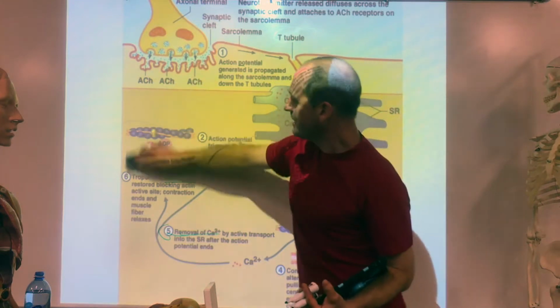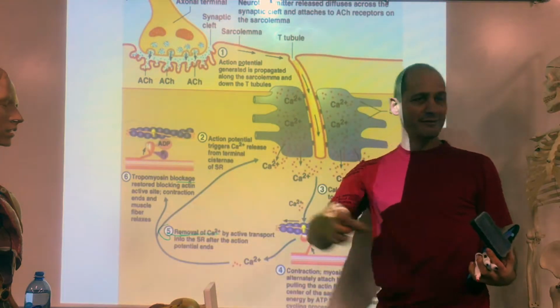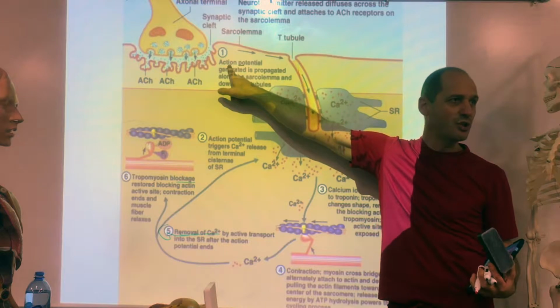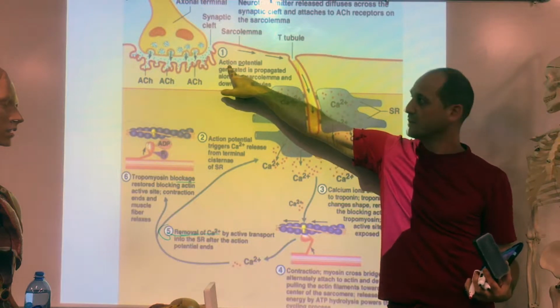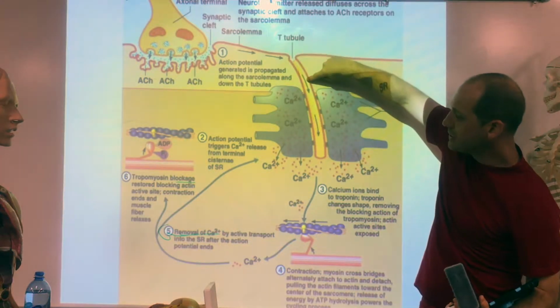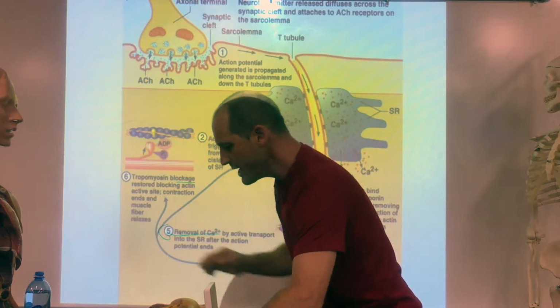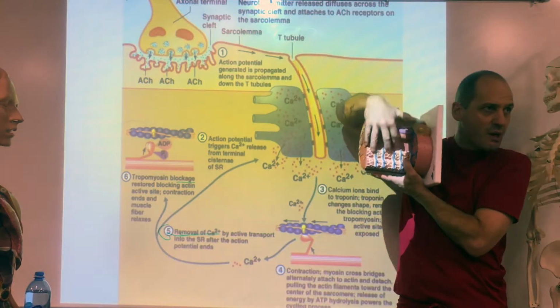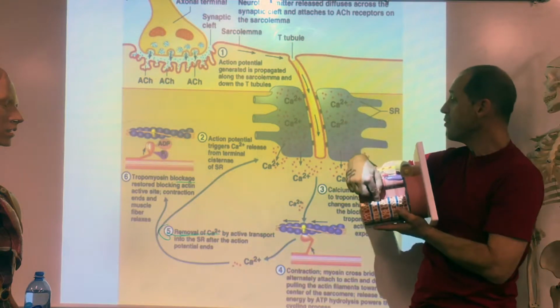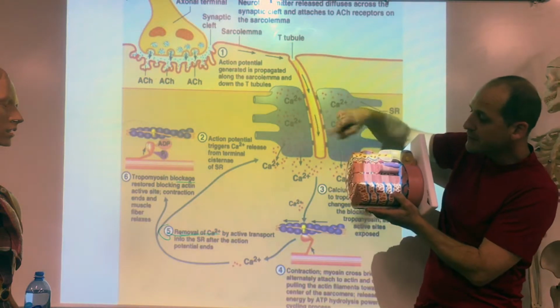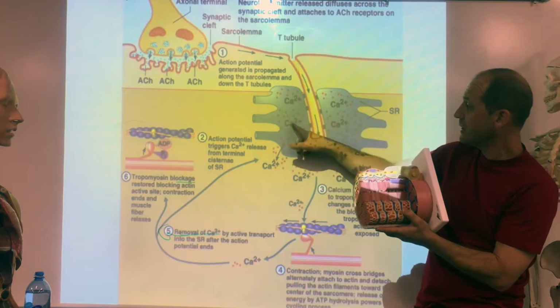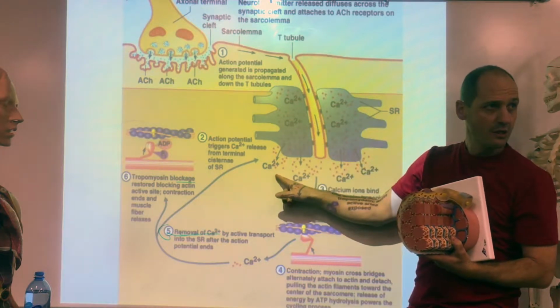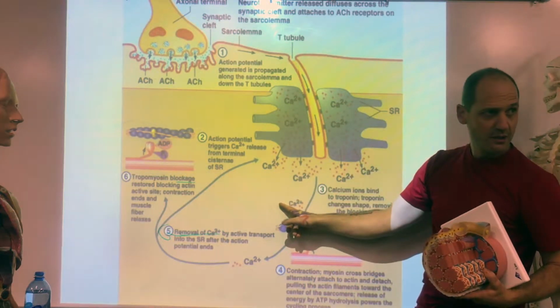The nerve says, I want to contract the muscle. The action potential is a nerve impulse. It fires down the T-tubules. On here, the T-tubules are these that go through the inside of the muscle. These blue ones here. Then that triggers the calcium release into the space.